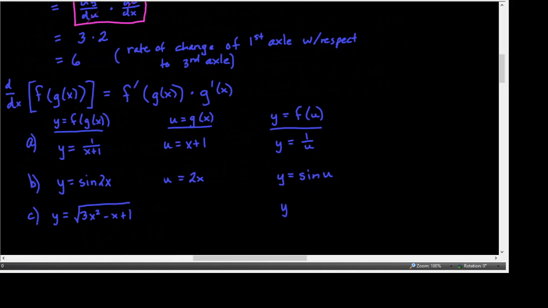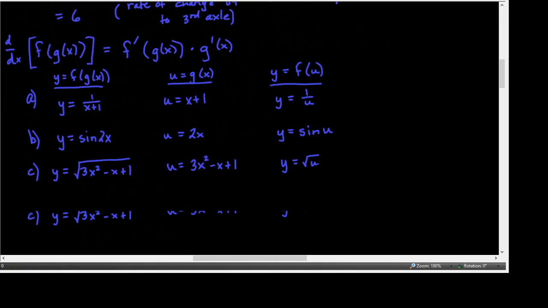Okay, for me, the outside function is that we're taking the square root of something. And that something is a polynomial, 3x squared minus x plus 1. Okay. And then d. Try this one as well on your own.